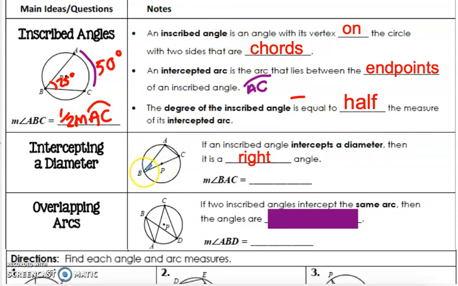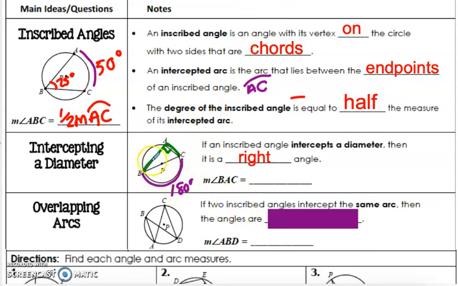Here is my inscribed angle, BAC. The intercepted arc opens up from B to C. We know that's a semicircle, and semicircles are 180 degrees. So to find the inscribed angle, I halve 180, and that is why I get 90.